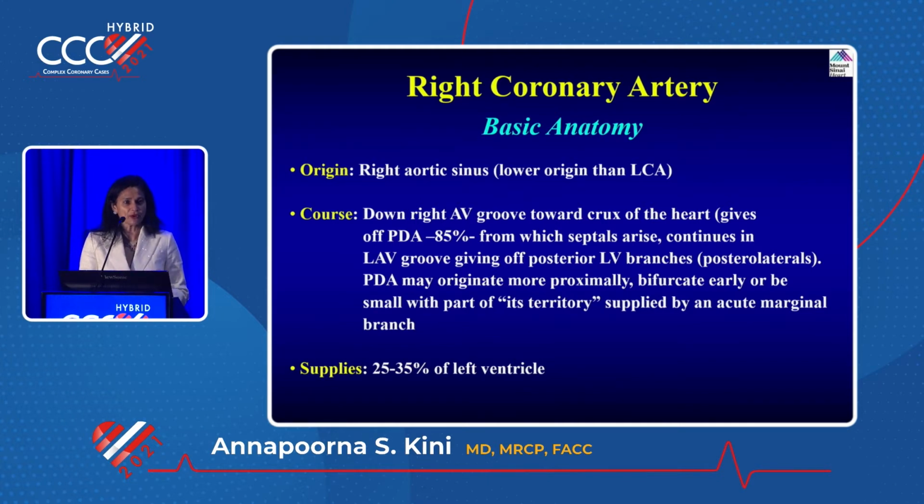But very important, you have to know if there is RV involvement, you cannot give nitro, just fluid. That's your board questions for cardiology. But that's the things you need to know. And then it comes all the way down, acute marginal, and then you have PDA, AV continuation, and the RPL branches.